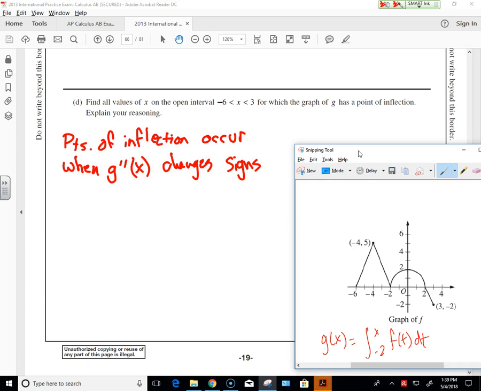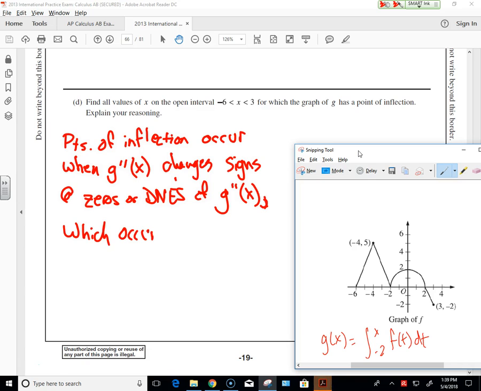Yes. It changes signs at zeros or DNEs of g double prime, which occur at... Look, I just stated my forever card, basically.